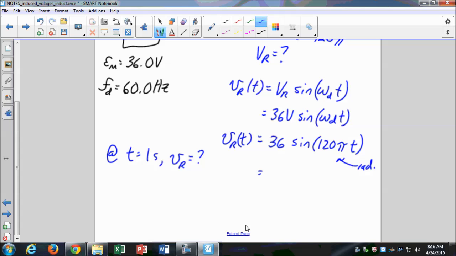Let me just double check. So I have 36. Oh yeah, it's 0. All right. So here my voltage is 0 at t equal 1 second. V is equal to 0 volts.